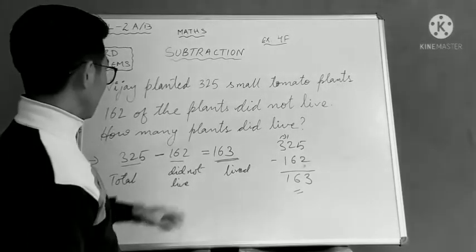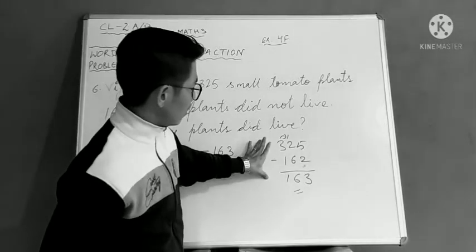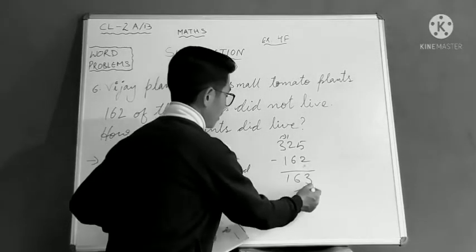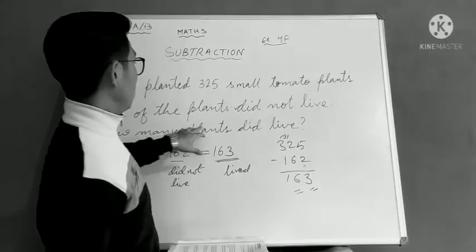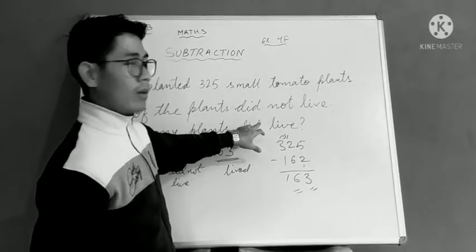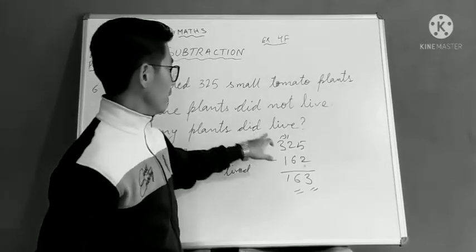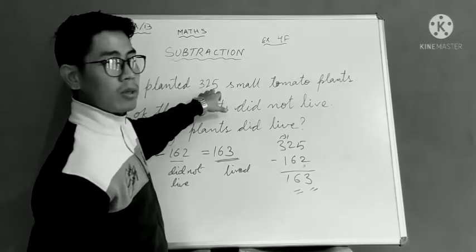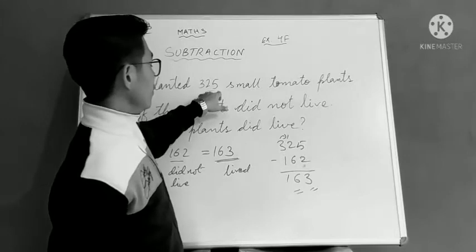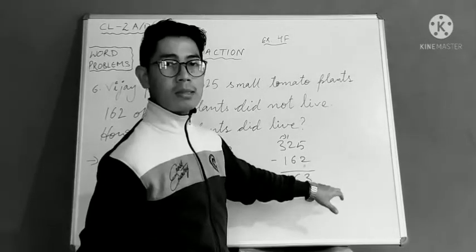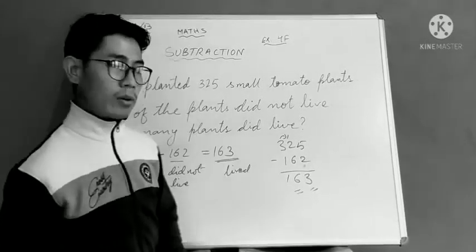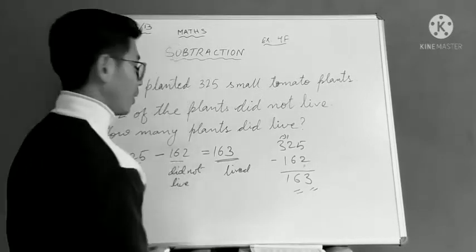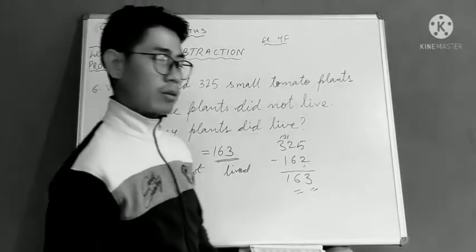Okay, so all you need to focus on is this answer. 163 plants did live after planting 325. Among 325, 163 plants did live. Okay. Now let's move on to the next question.